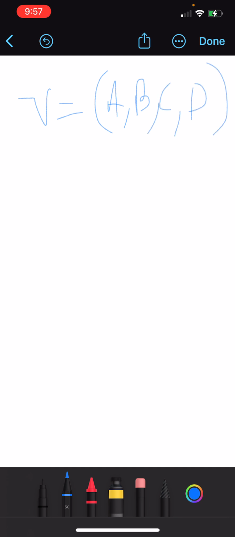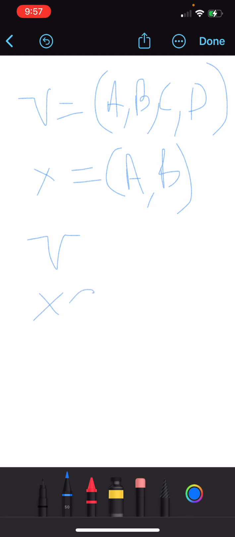Okay, now let's look at a set X. We say it contains A and B. Now we know that if we have a vector space V and we have a subset, let's say our subset is X, then X is a subset of V only if the elements of X and V are shared.